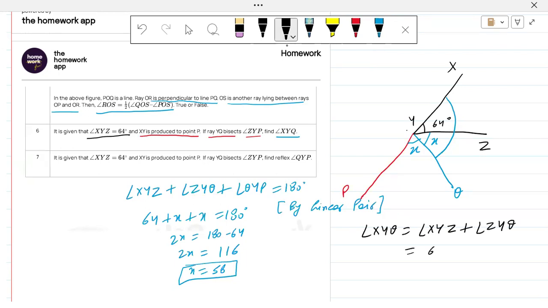Angle XYZ is 64. What is angle ZYQ? Angle ZYQ is x, and you already found the value of x, which is 58. So 64 plus 58, and angle XYQ is equal to 122 degrees. This is your answer.